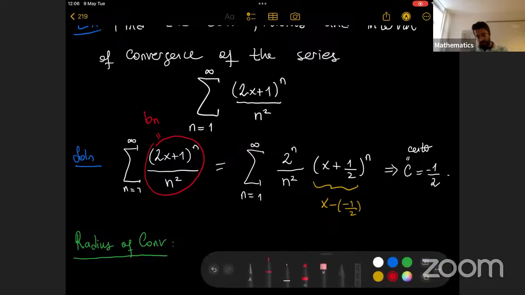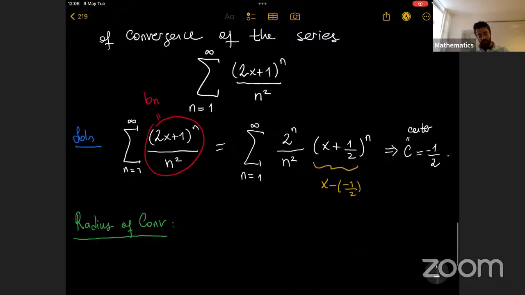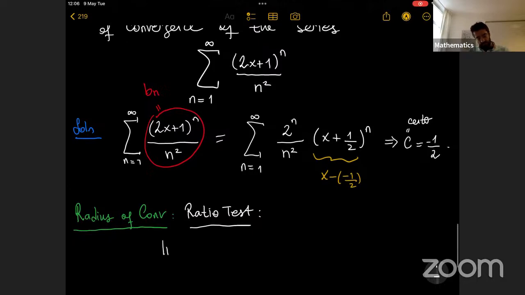And so to find the radius of convergence, we apply the ratio test to Bn, which tells you basically the limit of Bn plus 1 over Bn in absolute value.